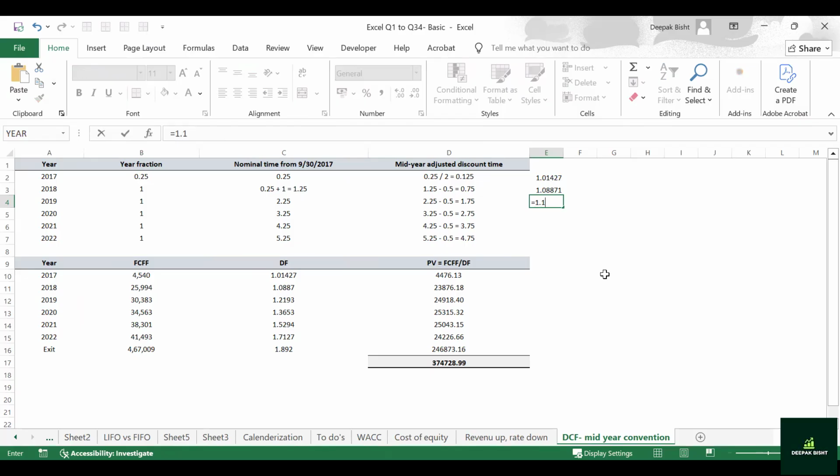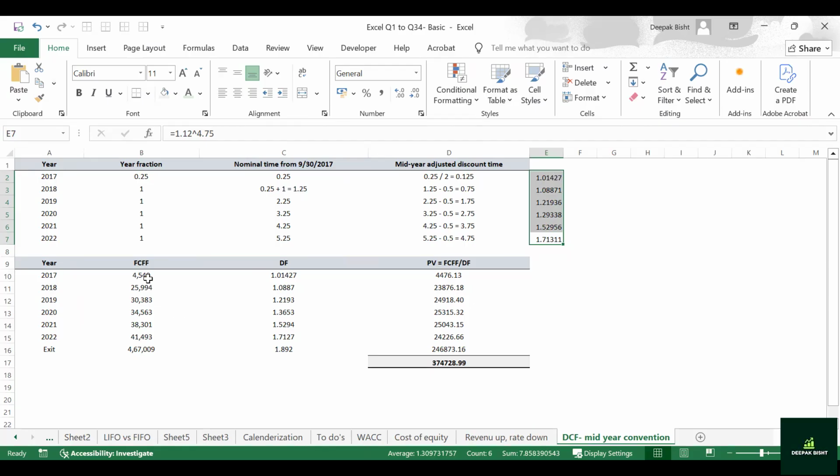I have discounted 1.12 to the power 1.75 for year 3. If you can see the numbers, I have discounted 1.12 to the power 2.75, then again 1.12 to the power of 3.75, and 1.12 to the power of 4.75. These are my discounting factors.